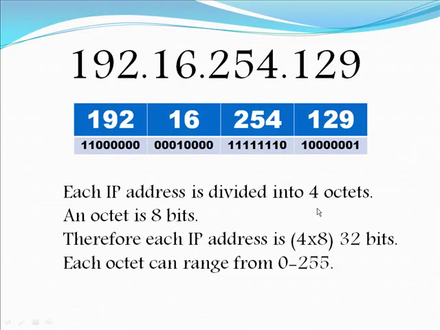This is divided into 4 octets, as I was saying earlier. An octet is 8 bits. Therefore, each address is 32 bits. You've got 4 sections divided into 8 bits. 4 times 8 is 32. Each octet can range from 0 to 255, so each one of these numbers can be any number between 0 and 255.